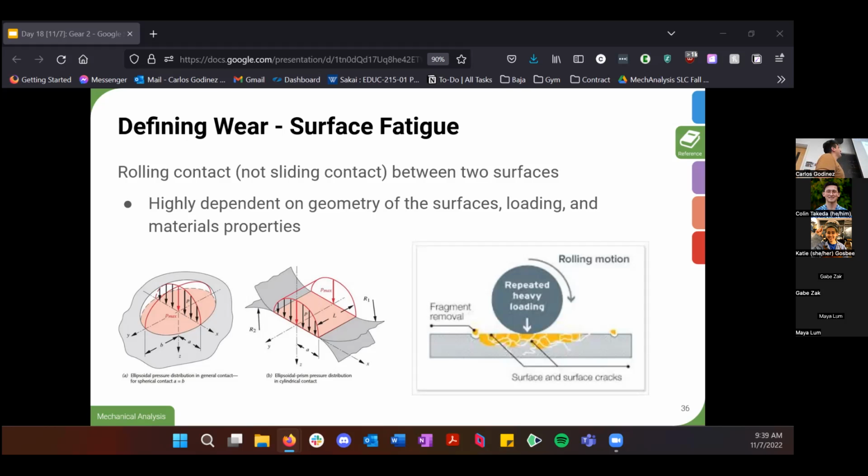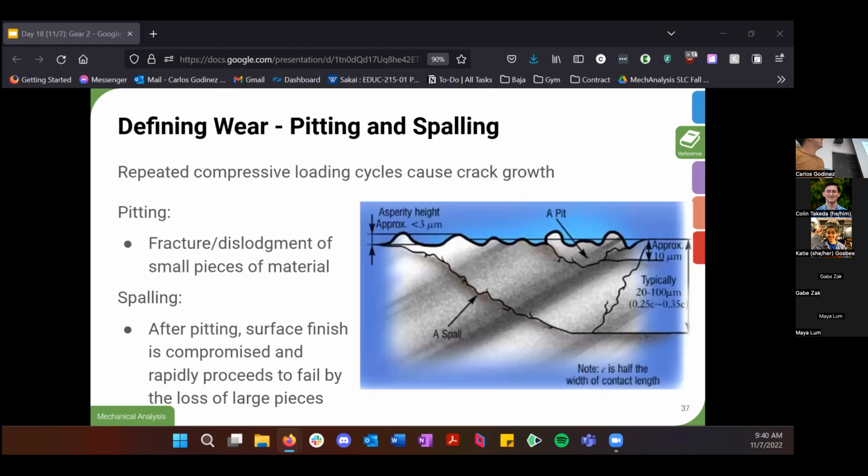With rolling contact over cycles and cycles, orders of magnitude, more and more load builds up until you eventually start getting pitting and spalling, where pitting is when different surface contacts push into each other, creating weak spots that eventually form a pit.